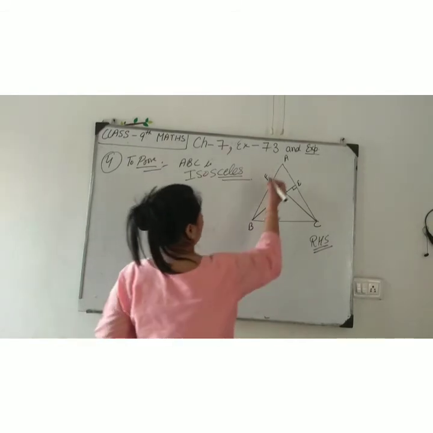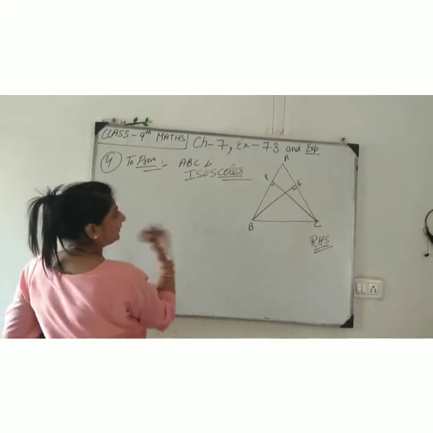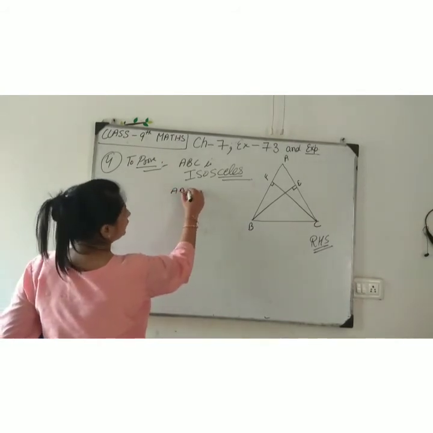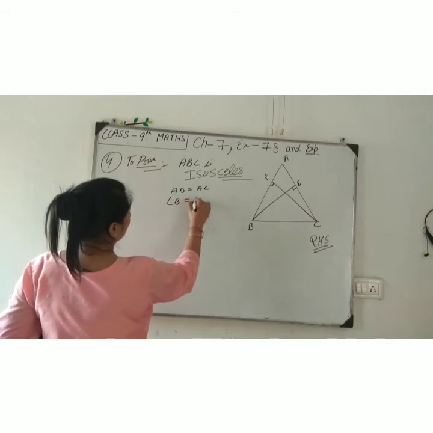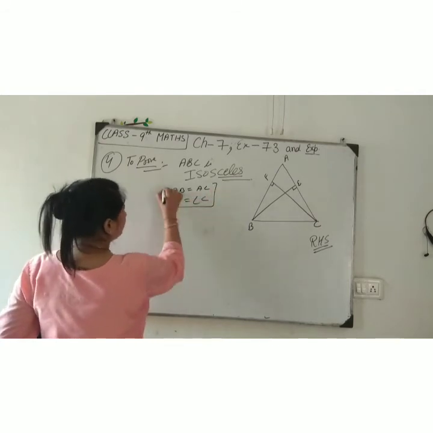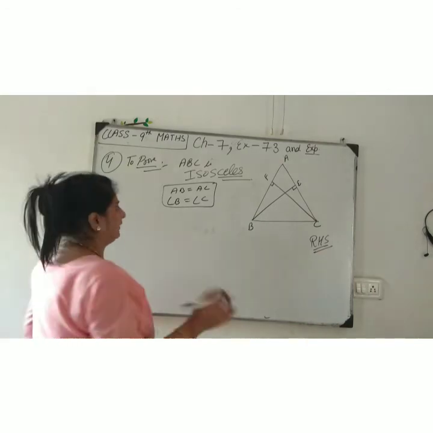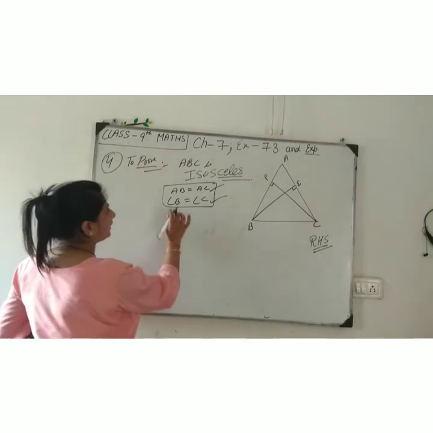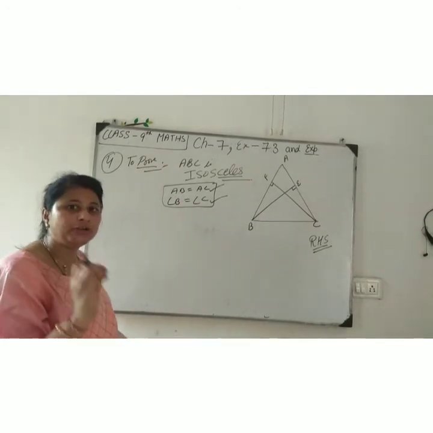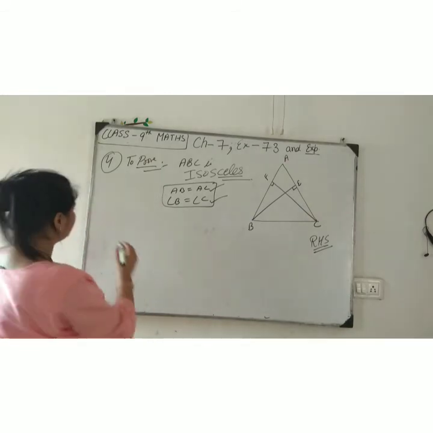One condition, first, maybe if I am able to prove AB equal to AC, then it's okay. Or angle B equal to angle C. From these two identities, I need one property. Whatever I prove, by hook or crook, I want to prove one property from two. Here, start proof.